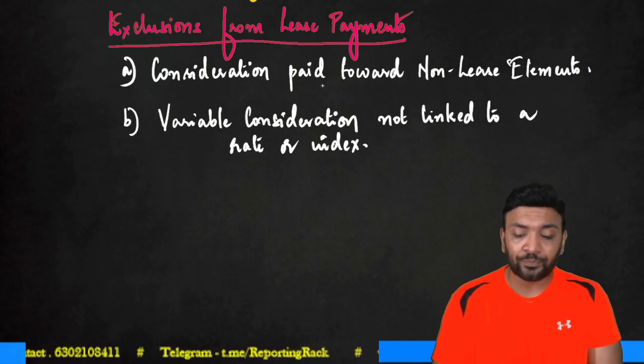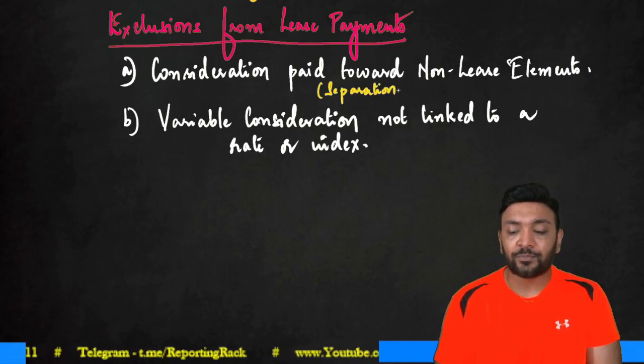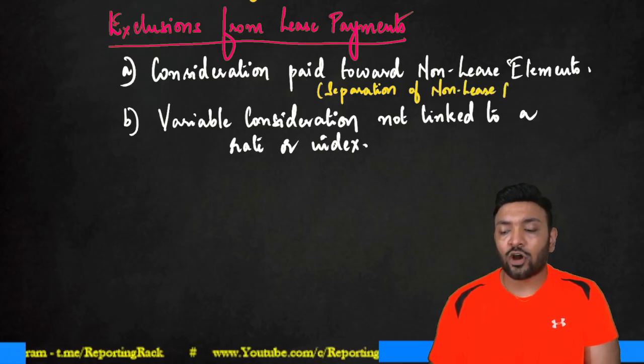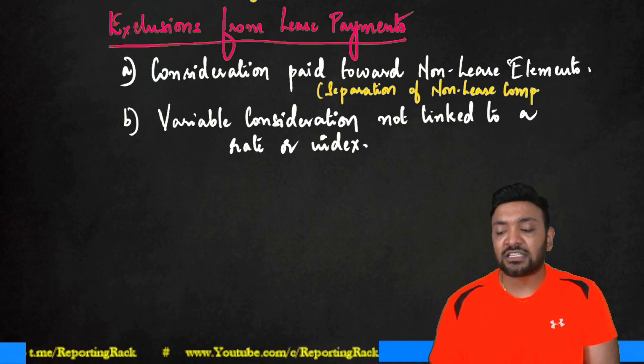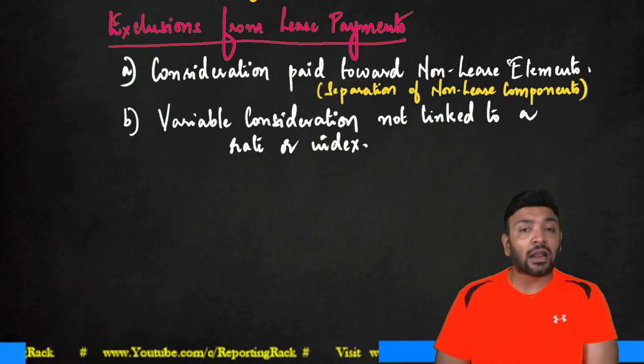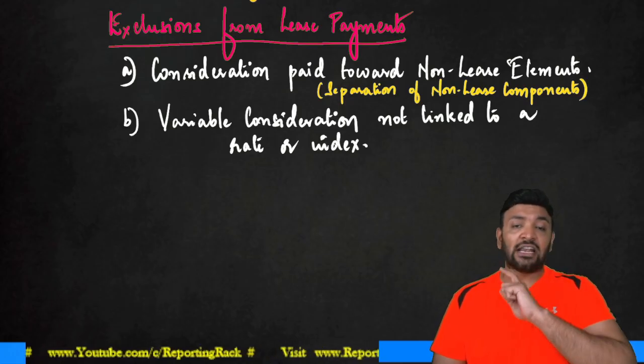These we have seen in the concept of separation of non-lease components from lease components, which we have discussed earlier. The consideration in the contract should be divided or allocated towards lease and non-lease elements in the proportion of their standalone selling price.